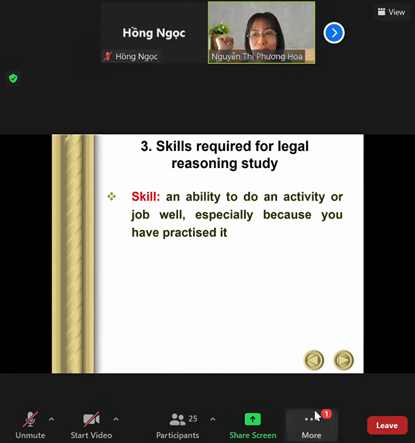Right. Yep, I understand your point. I catch it. Technical skills. Of course, we need to know how to search materials, especially cases for supporting our arguments, right? We also need to distinguish between original documents and copies.